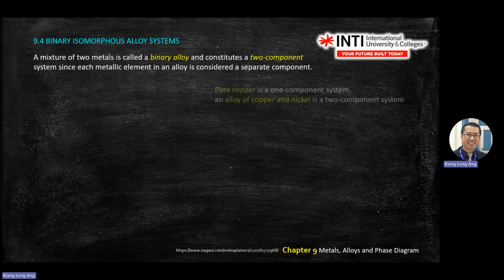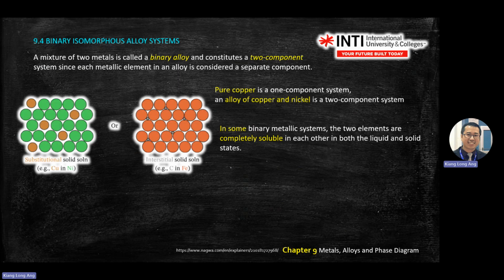So we'll start to look at the molecular level. Now we look into the binary system. Binary means two different materials. This morning we learned about strengthening mechanisms, where you mix impurity inside. There are two mechanisms: one is substitutional, one is interstitial.